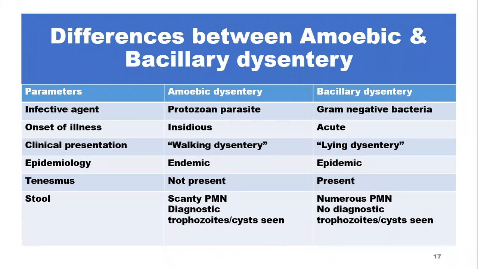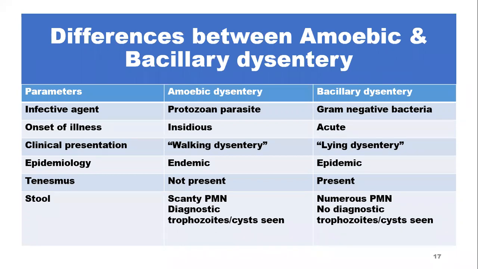Now, in terms of the infective agents, you know that the amoeba is a protozoan parasite, whereas with bacillary dysentery, they are usually gram-negative bacteria. Escherichia coli is gram-negative, Shigella is gram-negative, they're gram-negative rods.